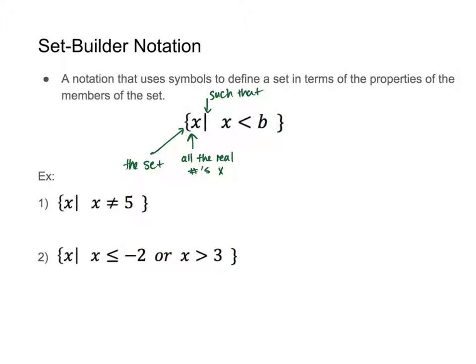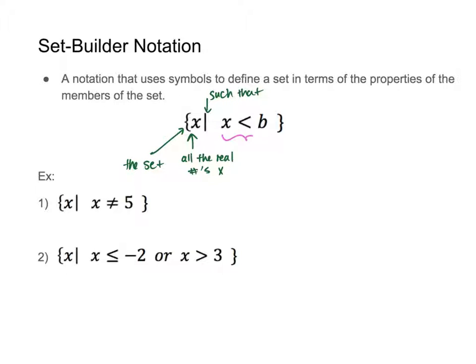So in translation, that just means like here in this set, x can only be this. Or in other words, in this set, x can be anything except we're going to figure out that this statement here after the vertical line, you have what you call the condition statement.